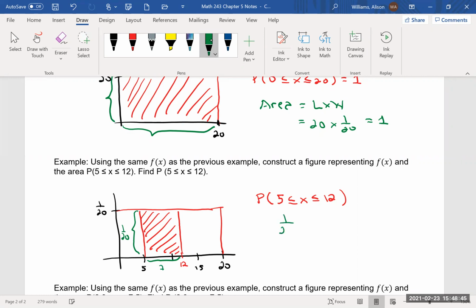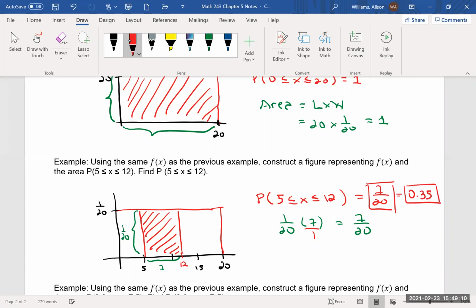So 1 over 20 times 7, we would put this over 1 and multiply straight across. So 7 over 20 would be the probability that this is going to occur. Then we could divide and put it into decimal form. As a decimal, it would be 0.35, or there's a 35% chance that the probability is going to be between 5 and 12, or that this experiment is going to fall between the values of 5 and 12.